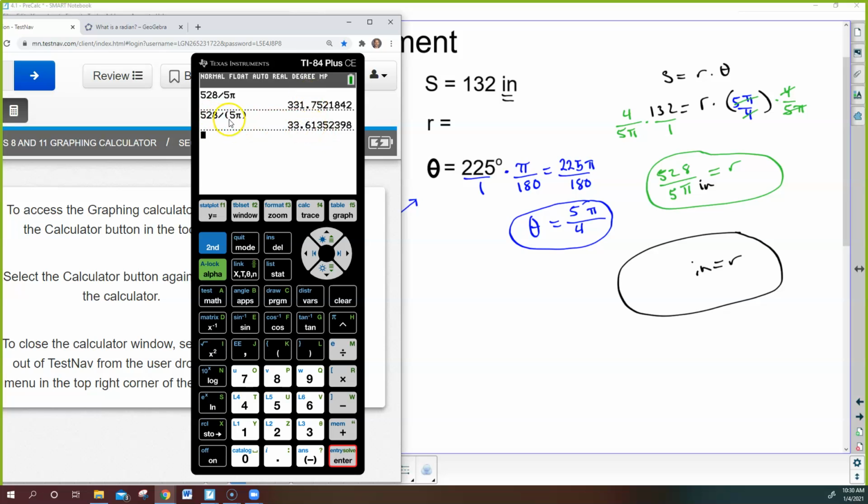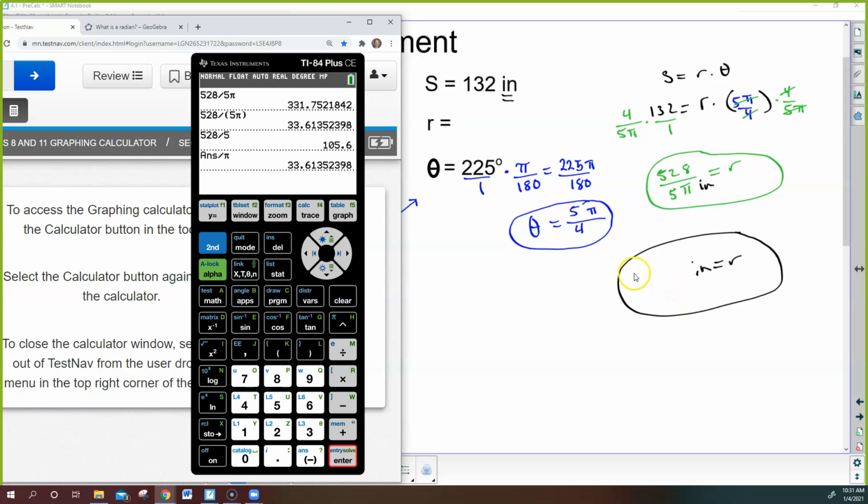All right, so there's two ways you can do this. I like the parentheses. Some people like to say, take 528, I'm going to divide it by 5 first, and then I'm going to take that answer and divide it by pi. It's longer, but notice I get the same thing. So big thing, put parentheses around the denominator, and you'll be good. But either way, you should get 33.614 if we round that.